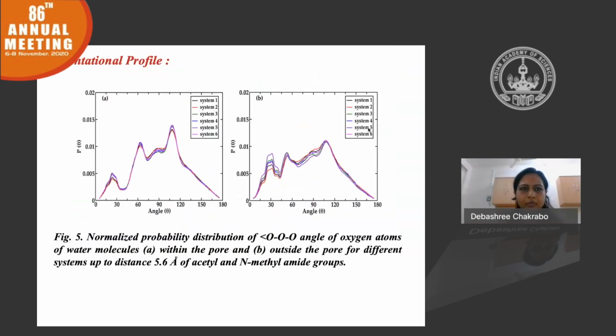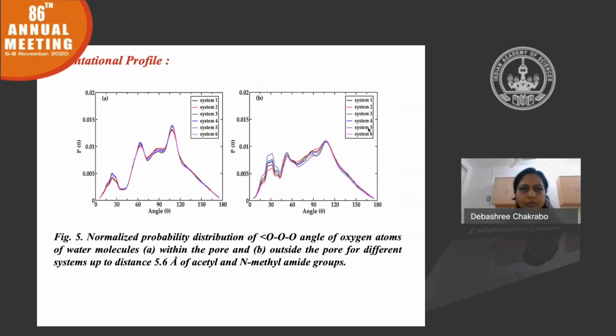We also did the orientation profile of the water molecules of this nanotube, and we found actually three peaks, three positions of the peaks, around 104 or 110 degrees.